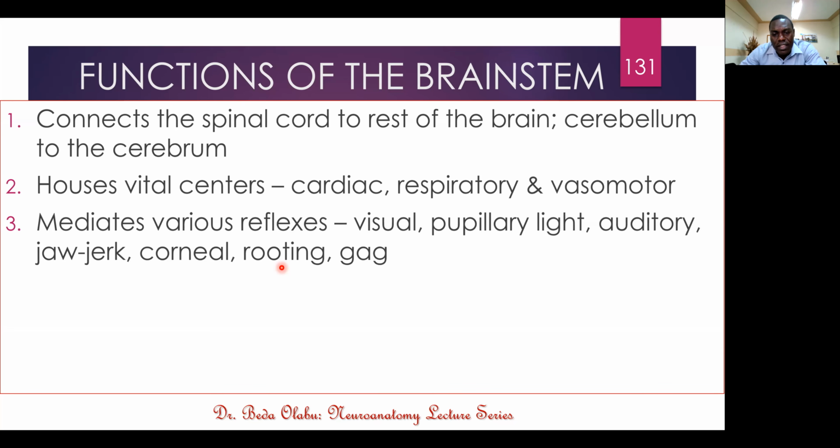Gag reflex is something that is used to test some functions of cranial nerves, but basically the gag reflex is where you attempt to vomit. That feeling of vomiting comes when something touches your throat.